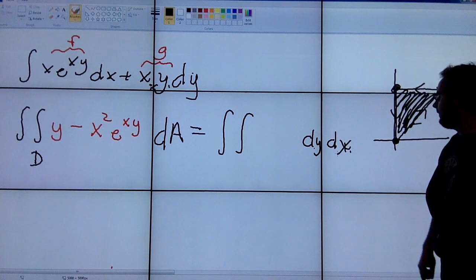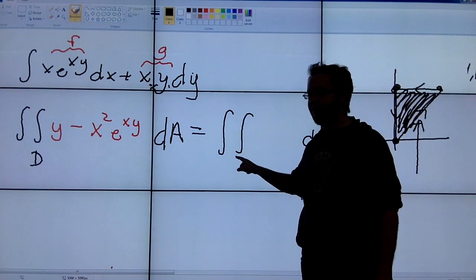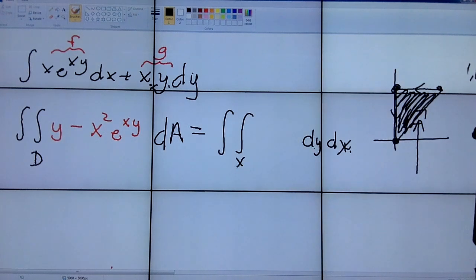So we're going to do the double integral with respect to y first, then x. As I draw a line parallel to the y-axis, what do I hit as I enter the region? The line y equals x. What do I hit as I leave the region?